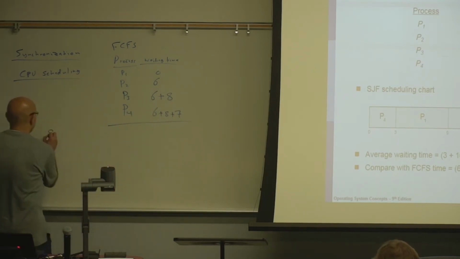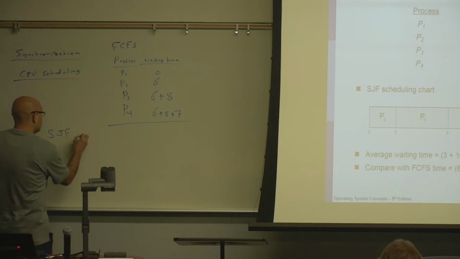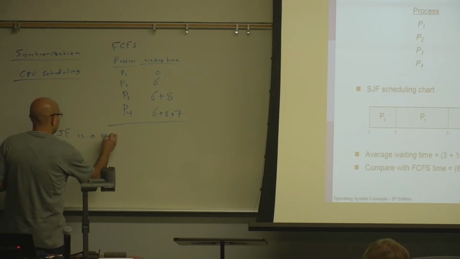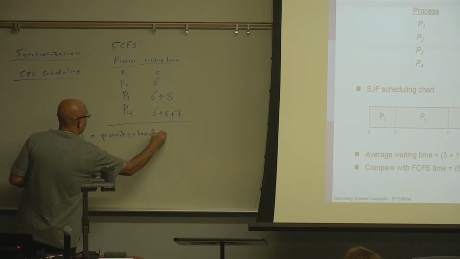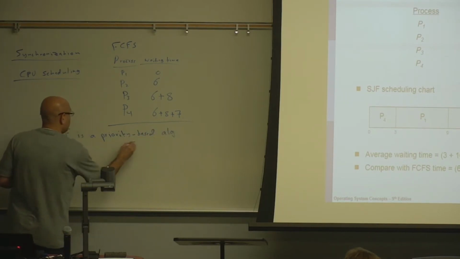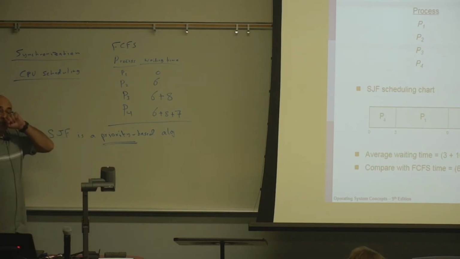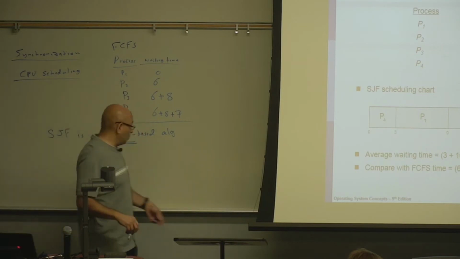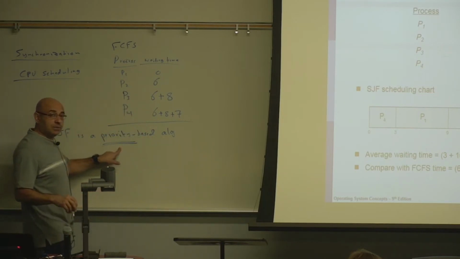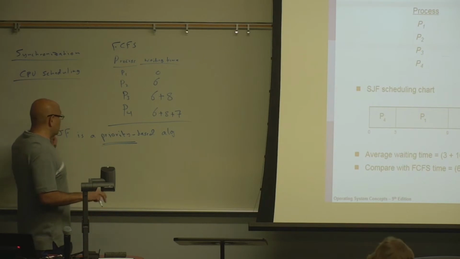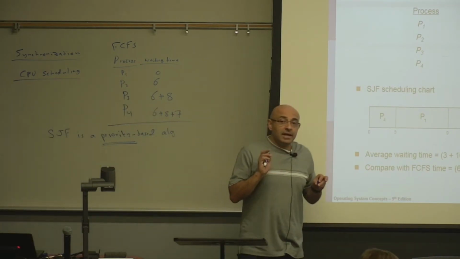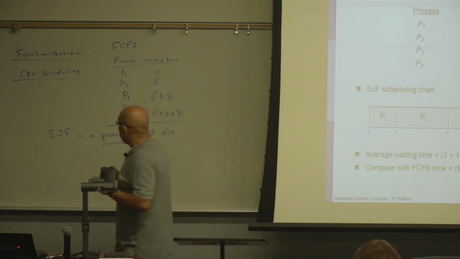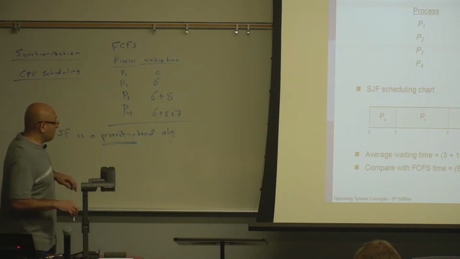Shortest job first is a priority-based algorithm where the priority is the length of the CPU burst. Shorter bursts give higher priority. Generally speaking, in any priority-based algorithm, we have a starvation problem.